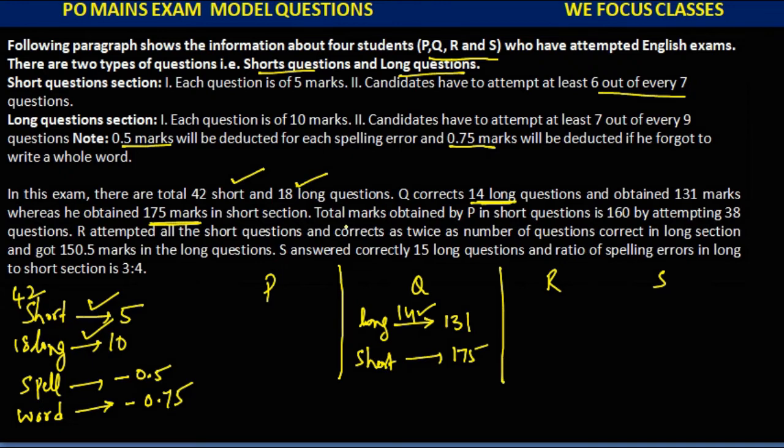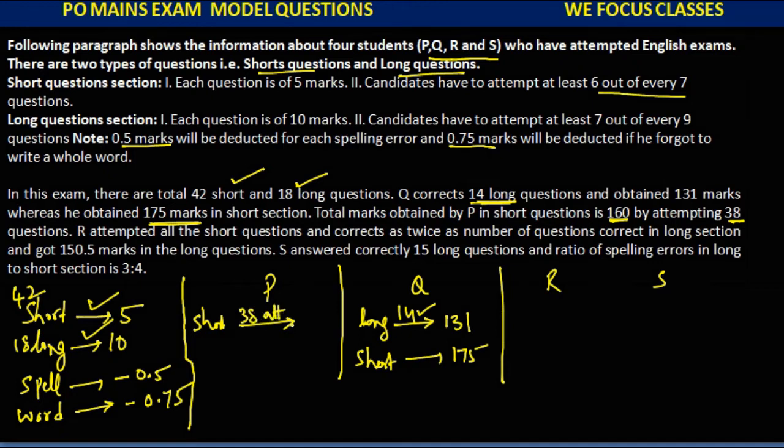Next, the total marks obtained by P in short questions is 160 by attempting 38 questions. So about P in the short section, he has attempted 38 questions. It is attempt, not correct, friends, attempt.